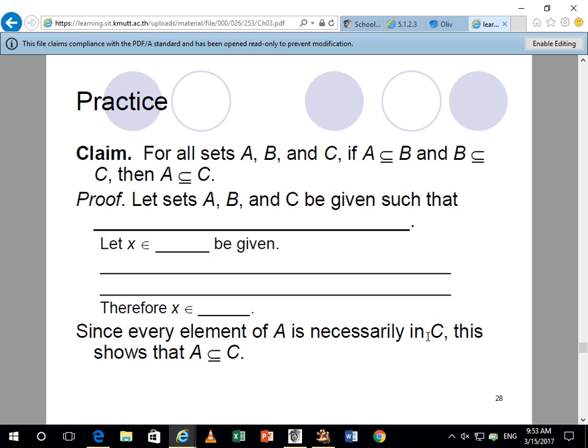So we put down here, therefore, X is an element of C. So to complete the proof, we say, since every element of A is necessarily in the set C, this shows that A is a subset of C.